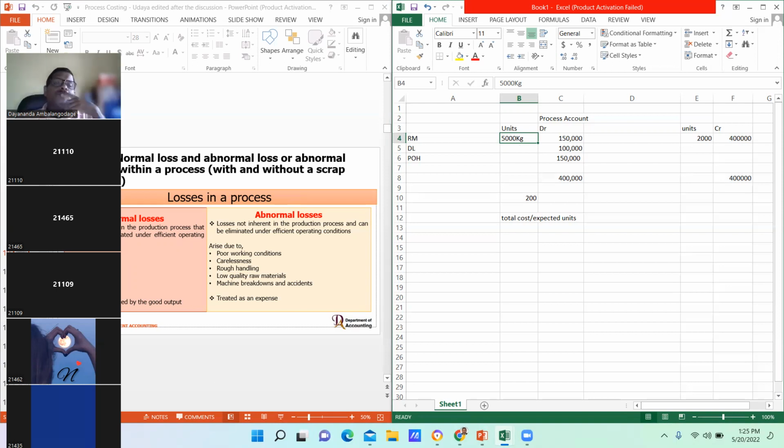But when you continue a certain manufacturing setup, normal losses and abnormal losses can be discussed. Okay, so just look at the slides and try to understand.